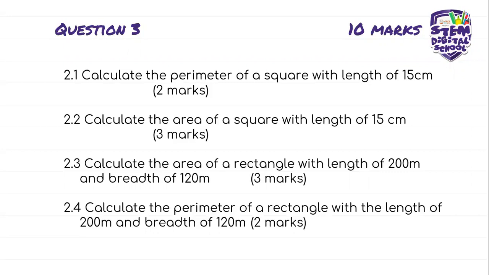It will be 200 multiplied by 120 because the length is 200 meters and the breadth is 120 meters. So I agree with you. So can we now calculate the two? If you multiply both 200 times 120, what do you get?